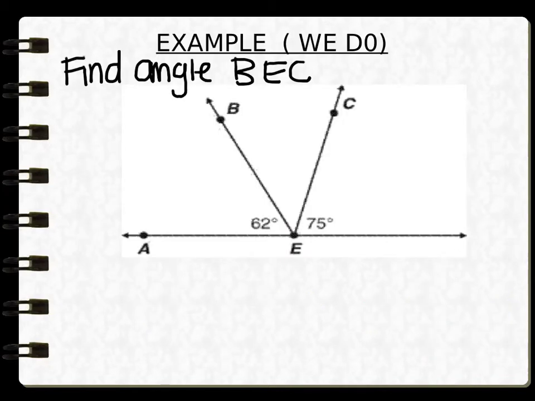All right, now we're going to go into our we do problem. It asks us to find angle BCE. So again, I'm going to use my road map, starting off at B, then going to E, then going to C. So I know I'm looking for this angle right here, and I'm going to label it X. Now, we know that this right here is a straight line, which means it's 180 degrees.